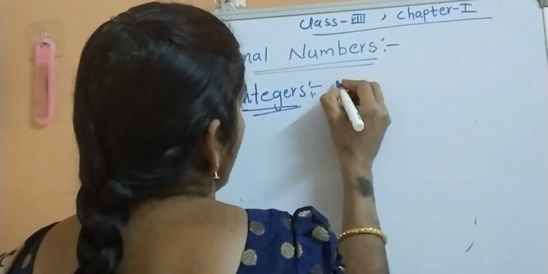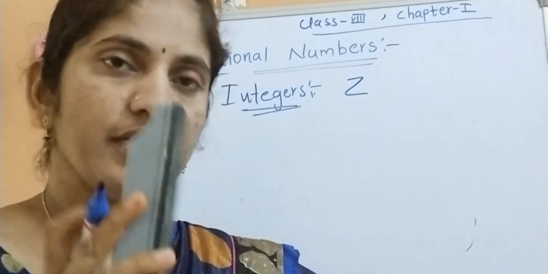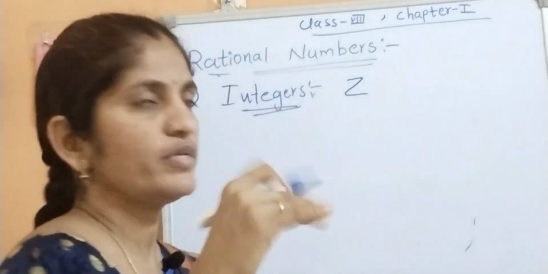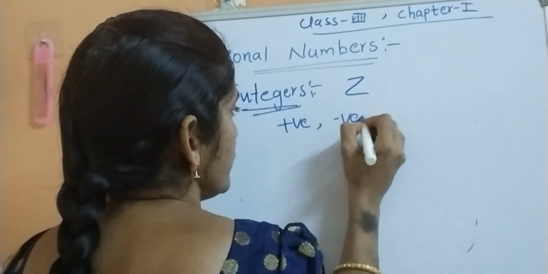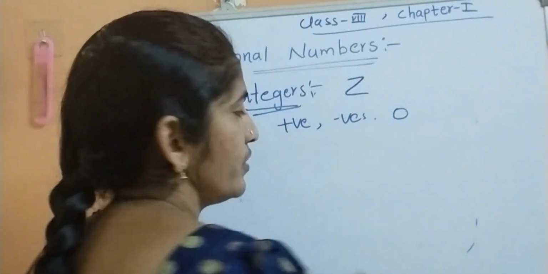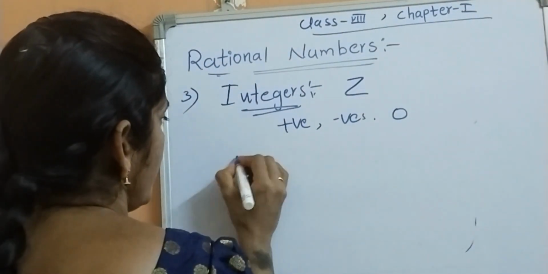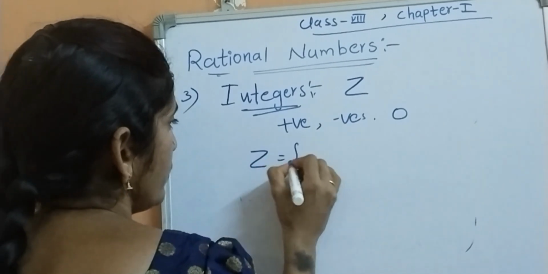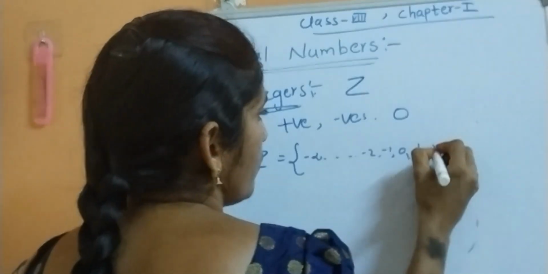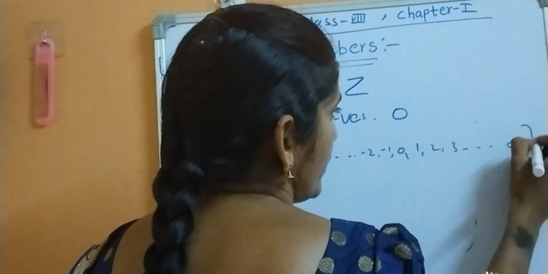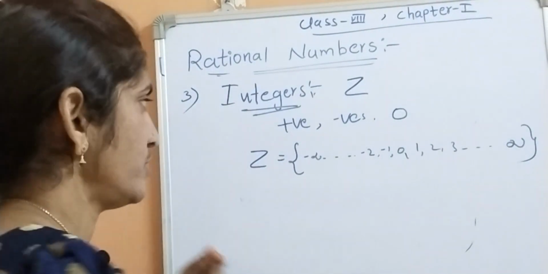Integers are denoted by capital Z. Positive numbers, negative numbers, and 0 are called integers. We can write Z is equal to minus infinity, minus 2, minus 1, 0, 1, 2, 3 and so on to plus infinity. So these are called the integer system.